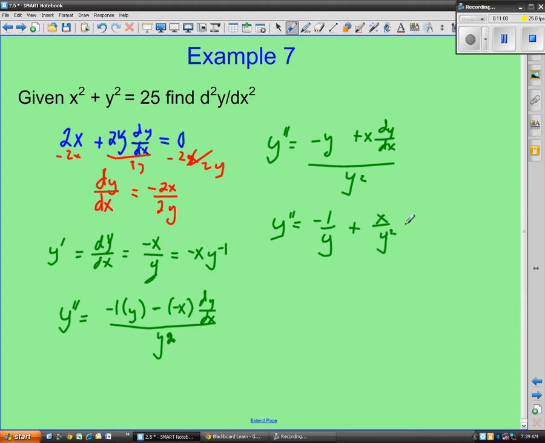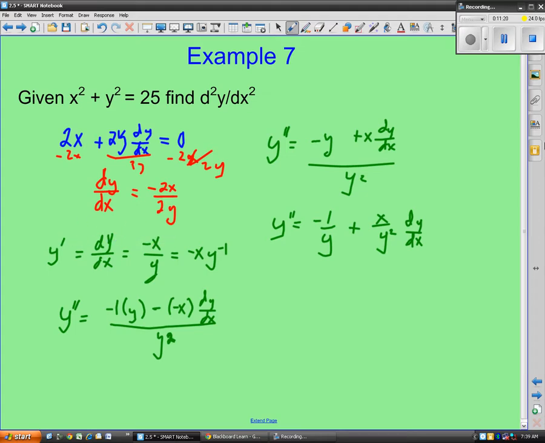And so at this point I have a little bit of an issue because I need to figure out what dy/dx is, but they gave that to me. We did that earlier when we found out that dy/dx over here is -x over y.